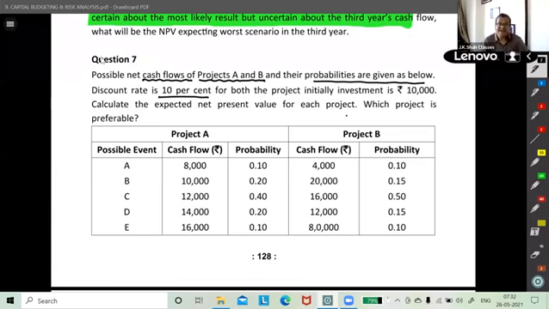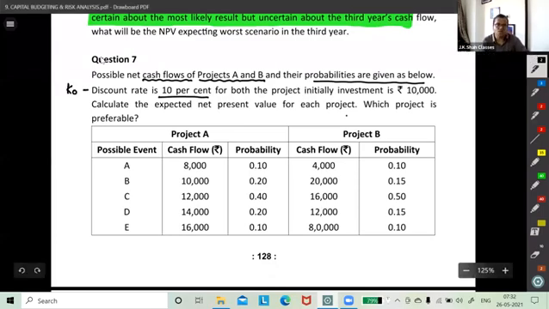The possible net cash flows of project A and B and their probabilities are given below. Discounting rate is 10%, so this is as usual KO. For both the projects, initial investment is 10,000, so this is PVCO. Calculate the expected net present value for each of the projects and which project is preferable.